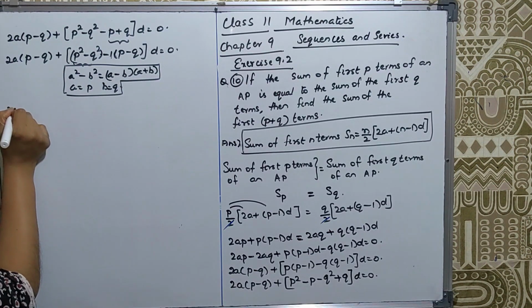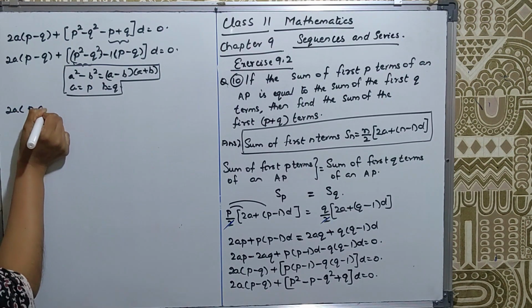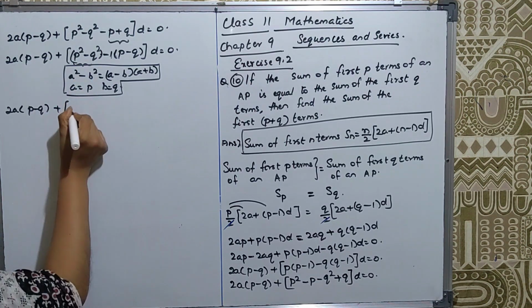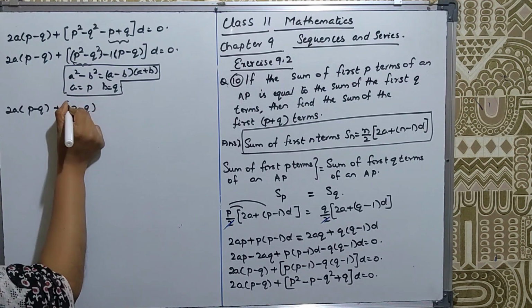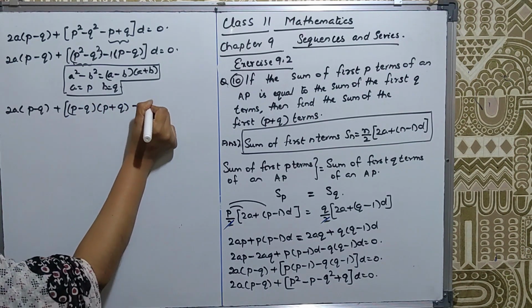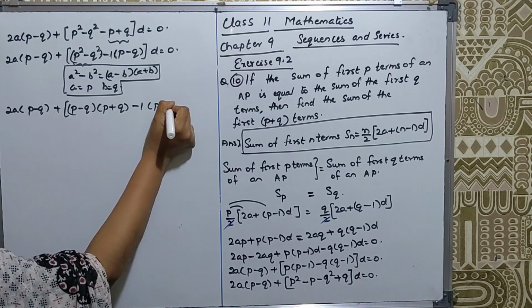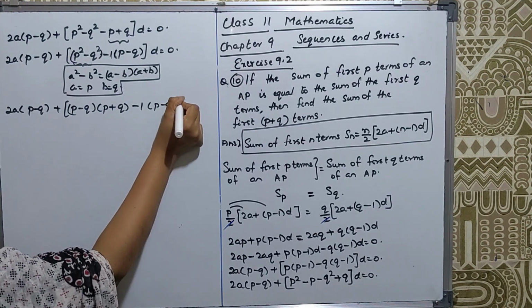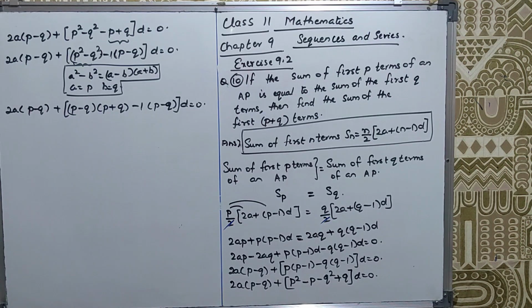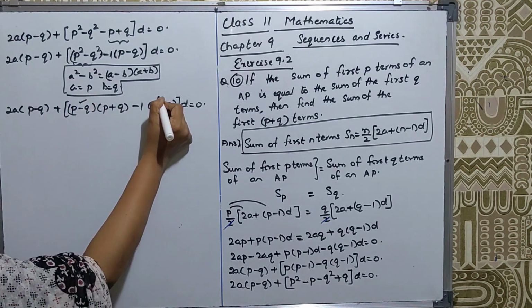Now it will be equal to 2a into p minus q plus p squared minus q squared, which we will write as p minus q into p plus q, minus 1 into p minus q, full thing into d equal to 0. Now we can take p minus q common outside.